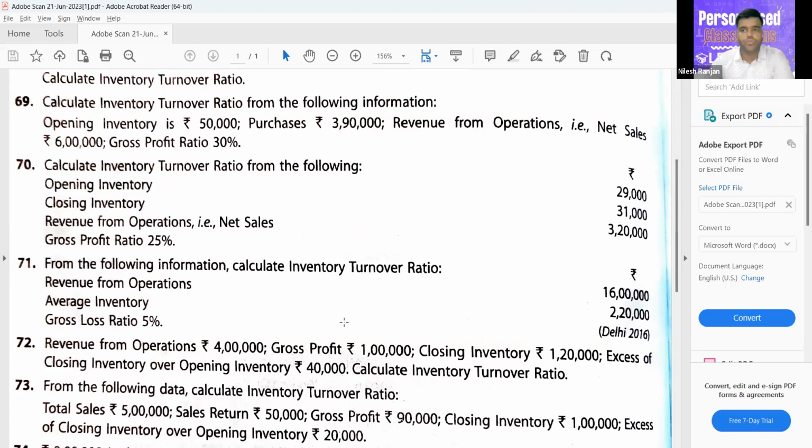So your cost of goods sold is 2,40,000 and your average inventory is 30,000. So it is 8 times. Yes. Good.